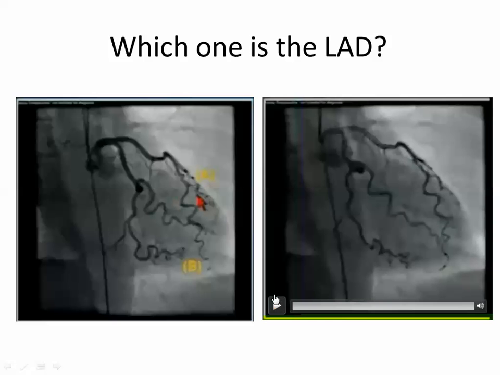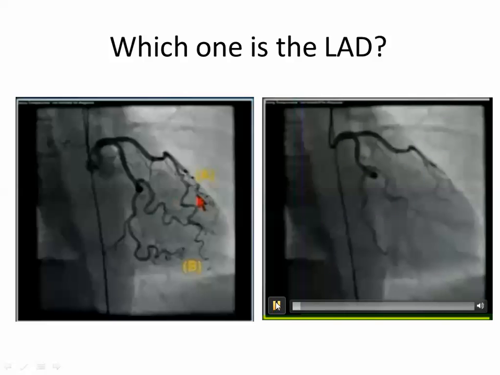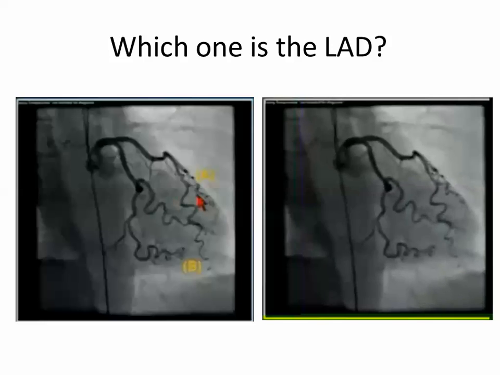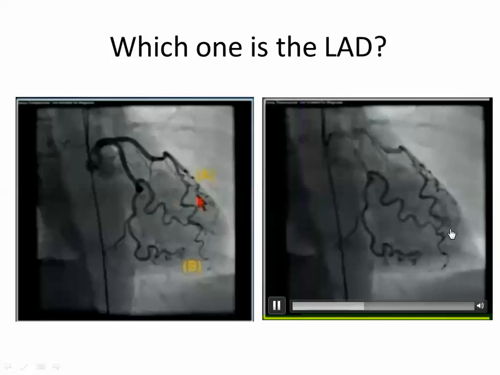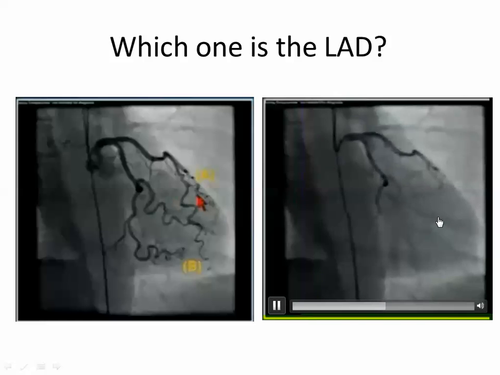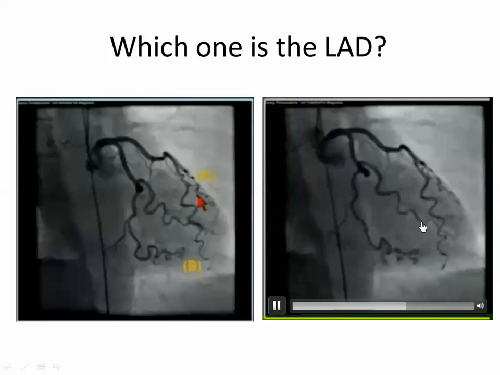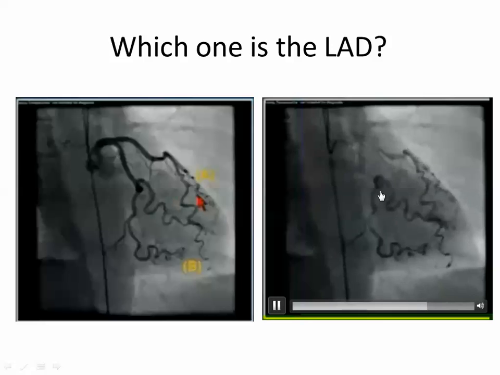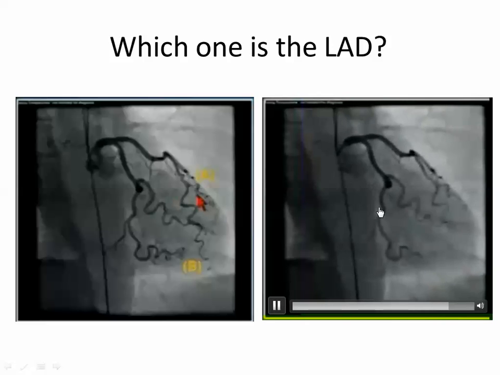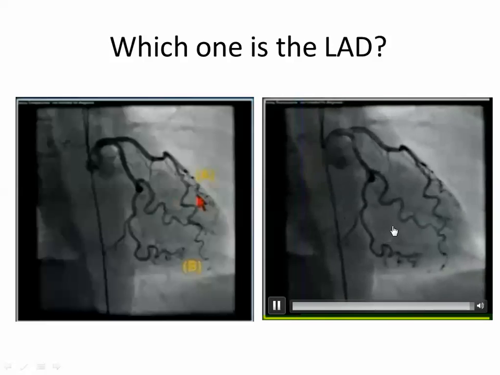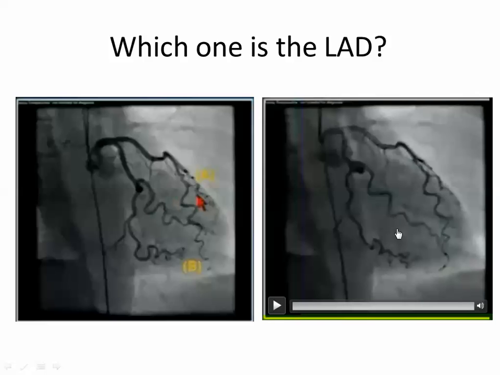Why? Because of what we call the kissing sign. What's the kissing sign? The LAD is kissing all the other vessels. This is the OM, obtuse marginal, and the PDA, moving upward, and even the diagonal is moving upward, while the LAD is moving downward.